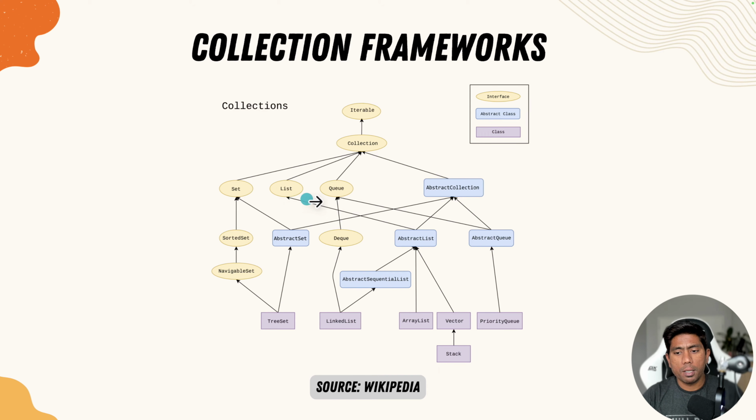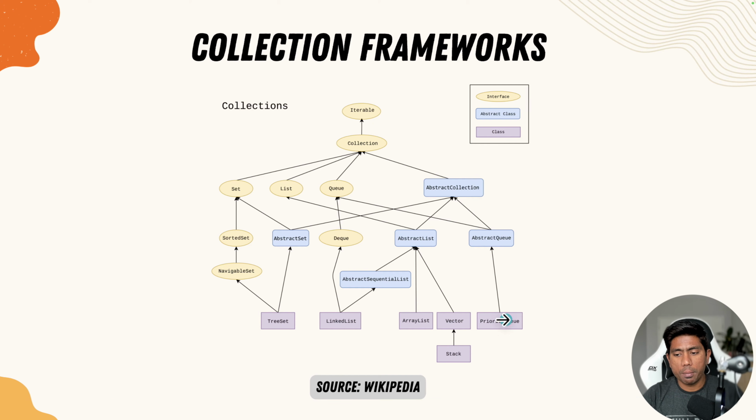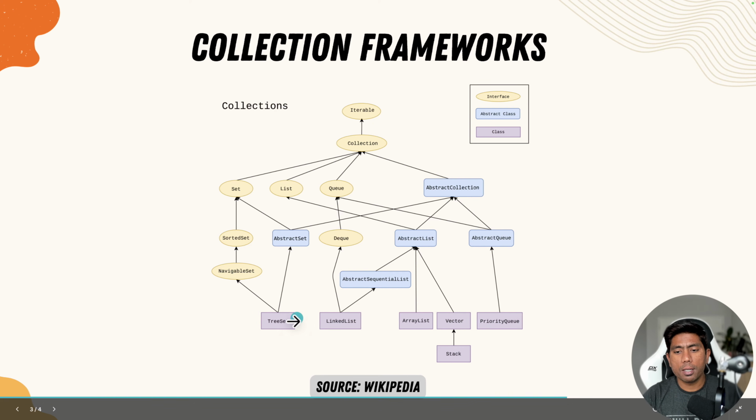Similarly, List is implemented by AbstractList, and Queue is implemented by the Deque interface. And the last thing that you are going to see all the way down below is TreeSet, LinkedList, ArrayList, Vector, PriorityQueue, and Stack. These are the things which are pretty much like the collections that we are going to be using.